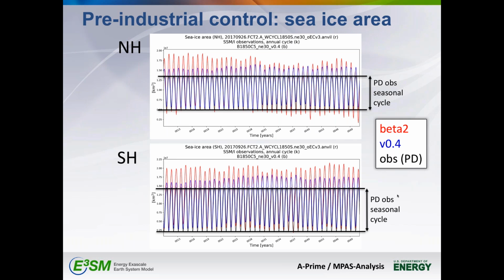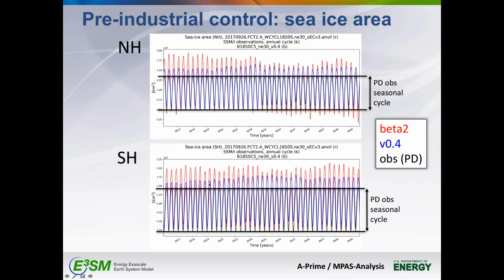This is the evolution of the sea ice extent, northern hemisphere and southern hemisphere, comparing the present day climatological observation in black, where I highlighted the present day seasonal cycle, with beta 2 FCT2, I forgot to change the label here, and V0.4.